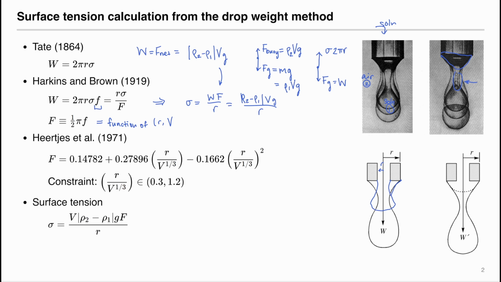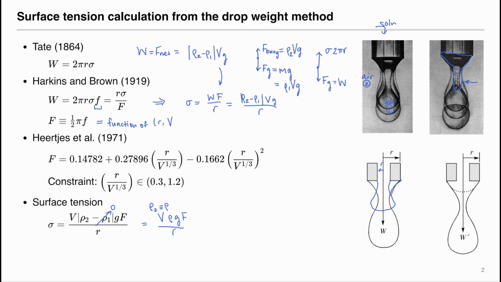Notably, if we have a significant difference in the density of the media, for example water within air, then one of the densities drops out to almost zero, so that we have V times rho times g times F divided by r.